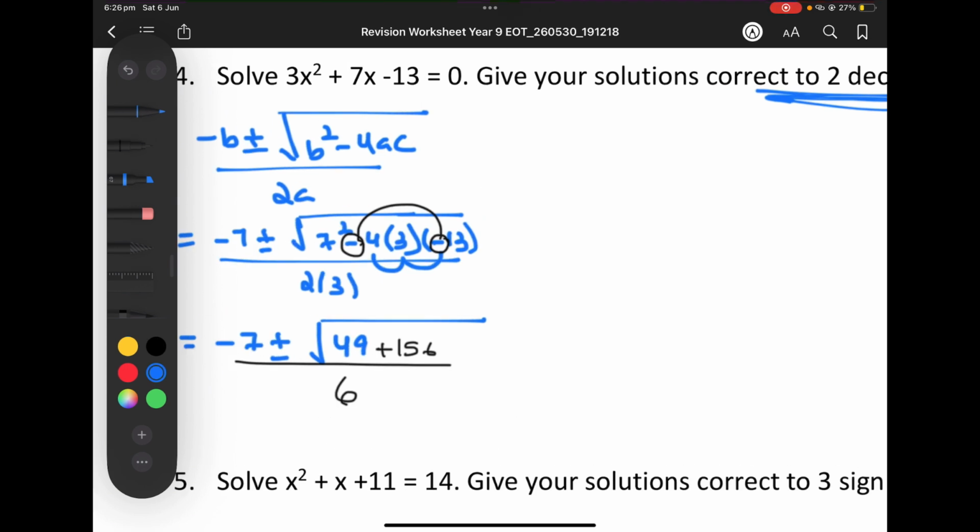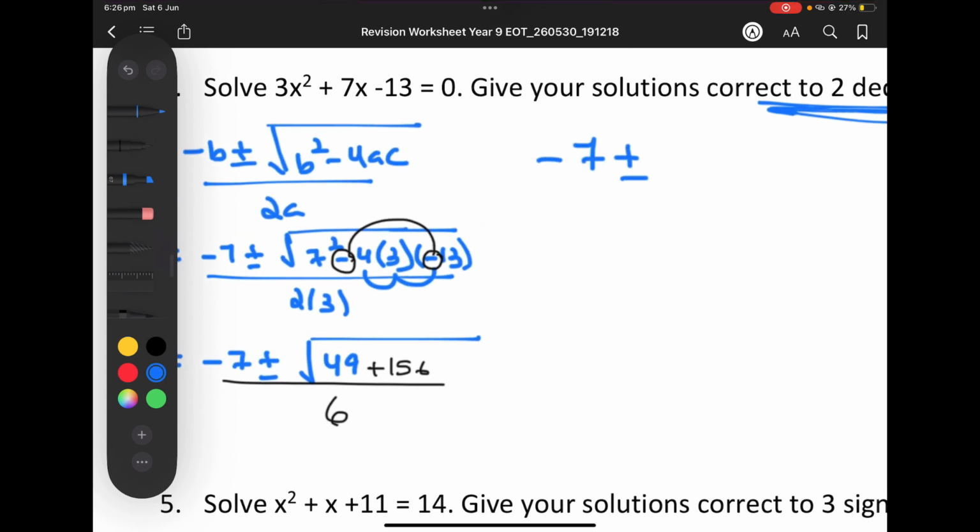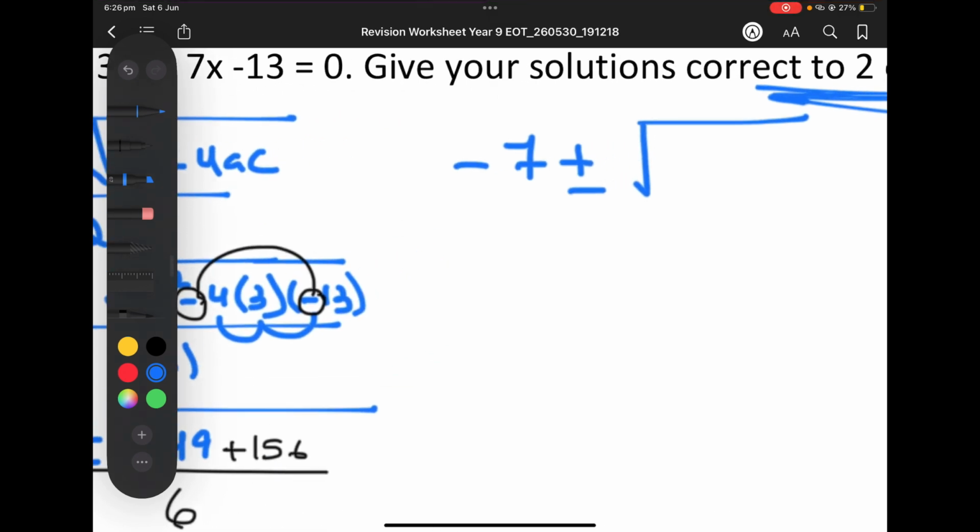When I start simplifying it, it becomes minus 7 plus or minus root of 156 plus 49. That turns out to be 205. 205 over 6 is what you get.